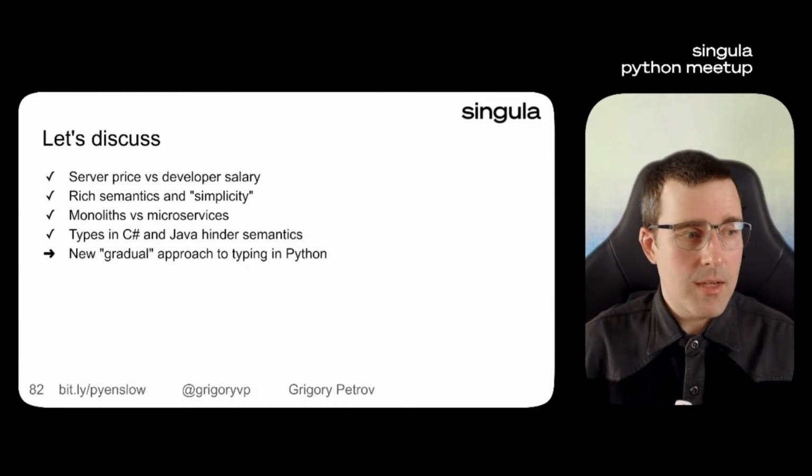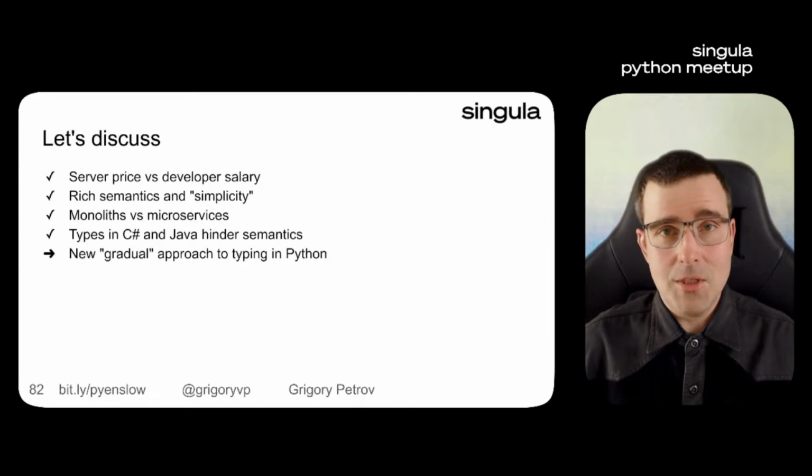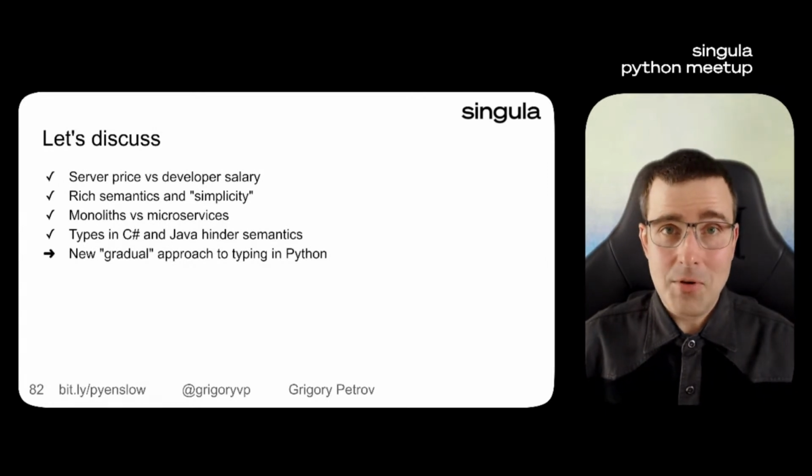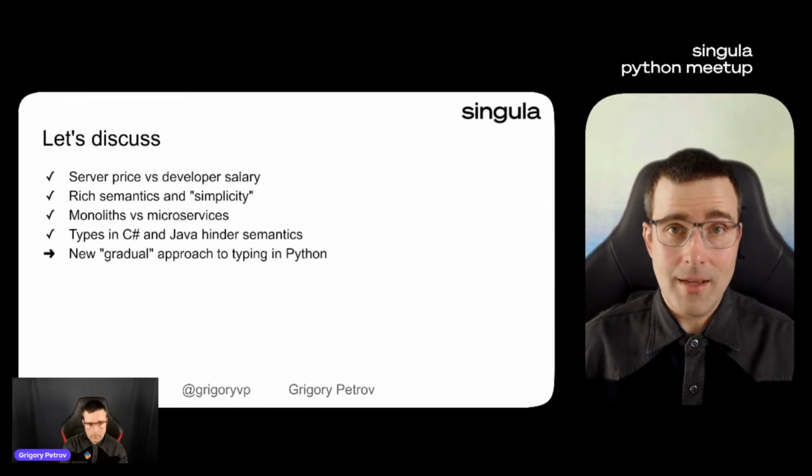I can see some teams misuse, overuse, and abuse types, writing more type-related code than business code in Python. These and more topics are for us to discuss right now.